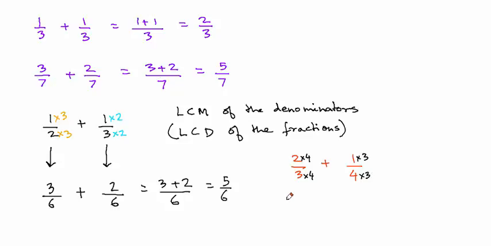So you have an equivalent form of 2/3 as 2 times 4, that's 8/12, plus an equivalent form of 1/4, which is 3/12. Now that you have the same denominator, this is 8 plus 3 on the top, 12 on the bottom, which is 11/12.